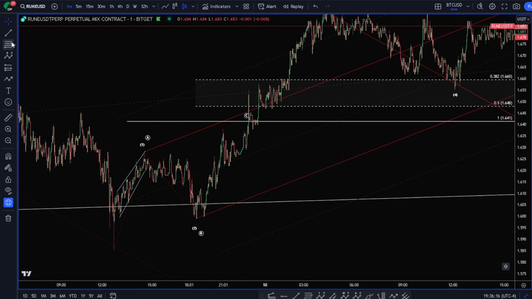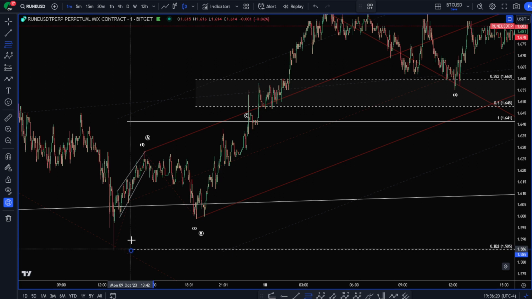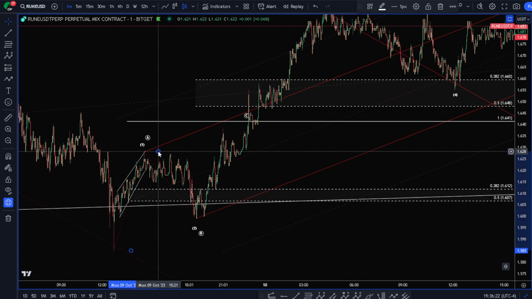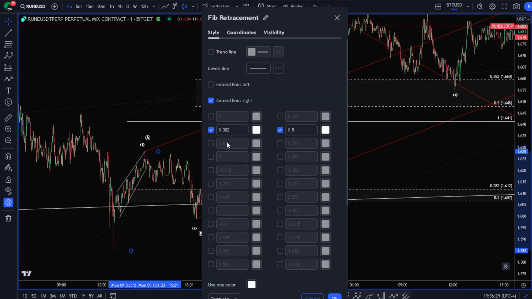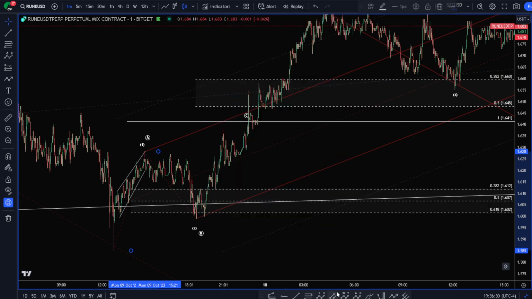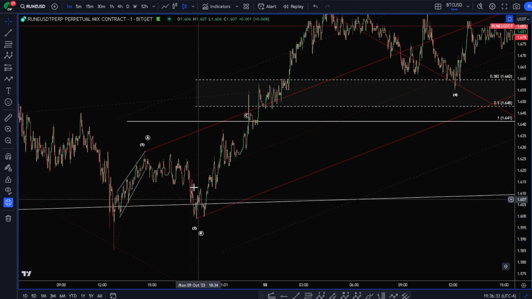So as we got this correction to the downside, we came pretty deep. We passed through the 618 extension, and I was a little bit wary of this because it looked like it could be a 3rd wave. So I just waited. I was like, this could be a 1, 2, 3, 4, and we come down for our 5th, right?